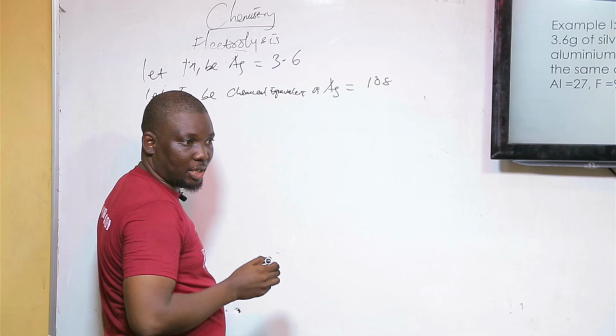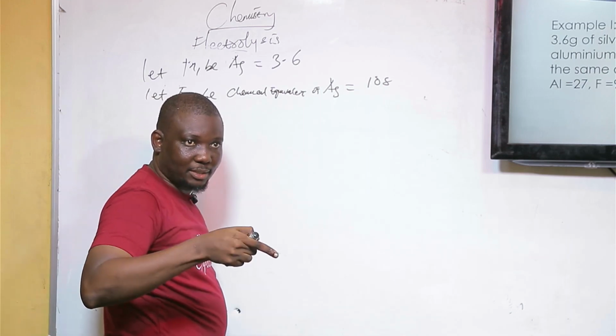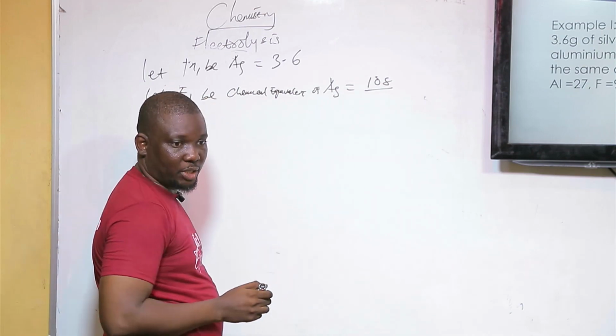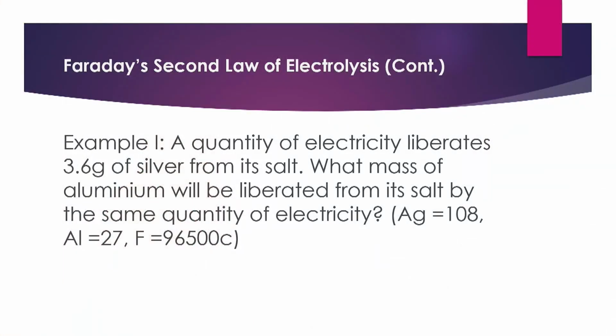You know what I mean, right? The relative atomic mass is even given there. Divide it by 96,500, or divide it by what is the charge on silver? 1. Divide by 1. It's cool like this.